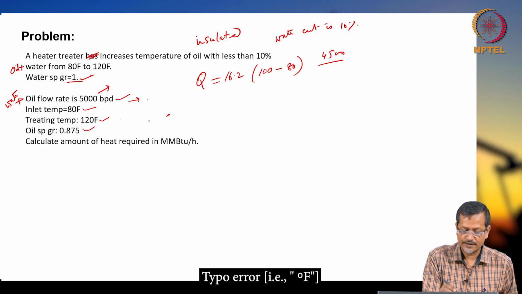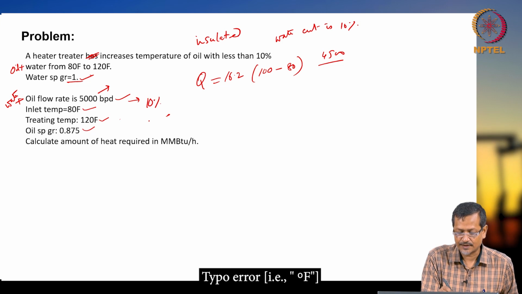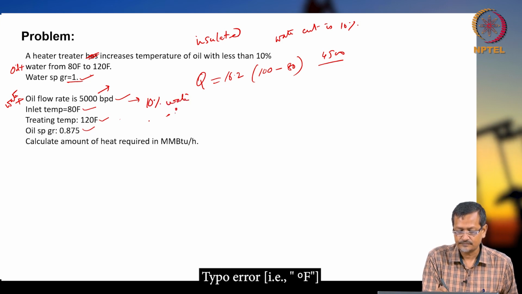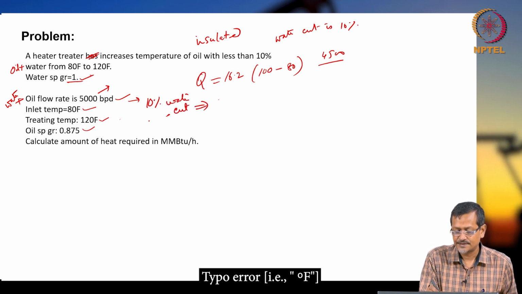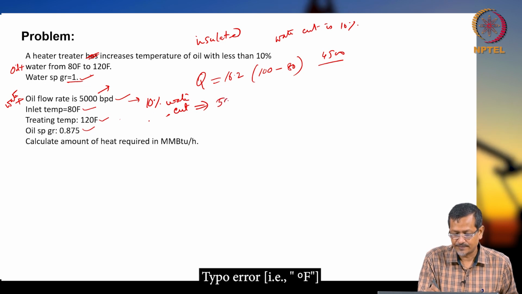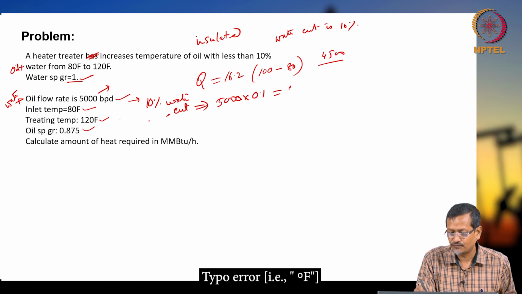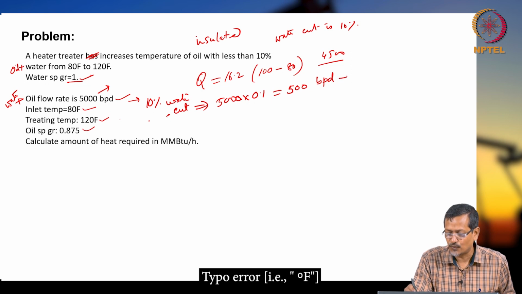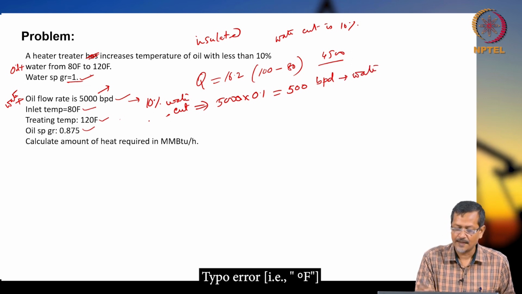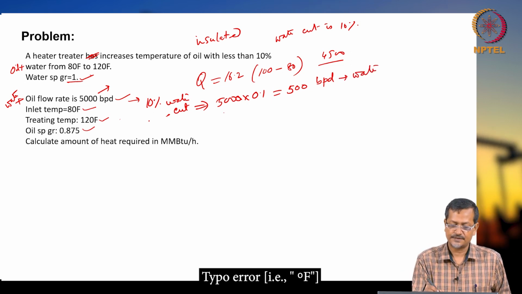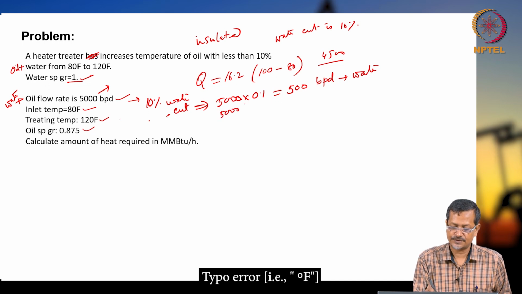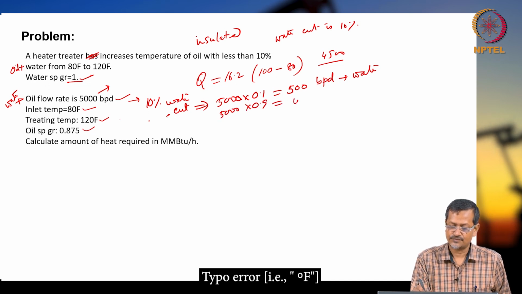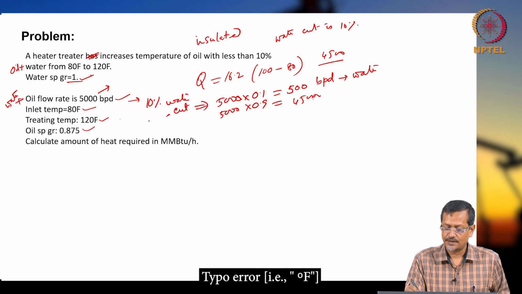Because of the 10% water cut, 5000 into 0.1 is 500 BPD water. And the remaining 90%, 5000 into 0.9 equals 4500 BPD oil.